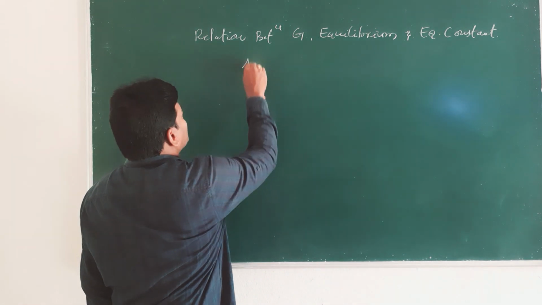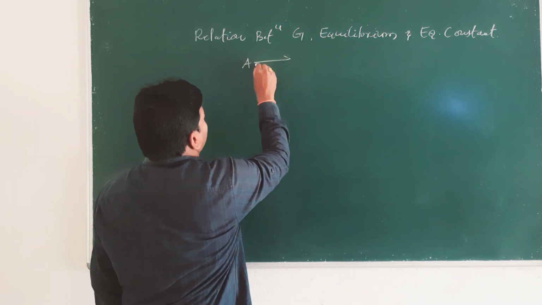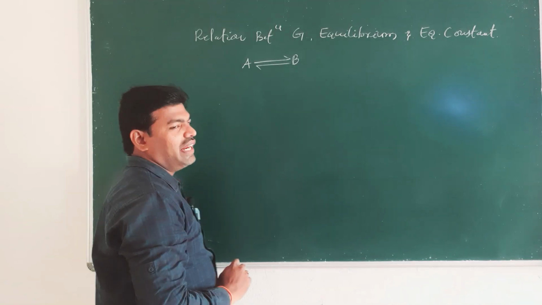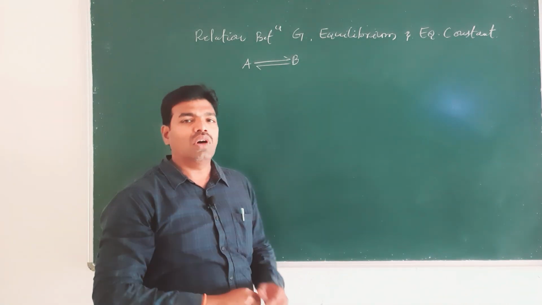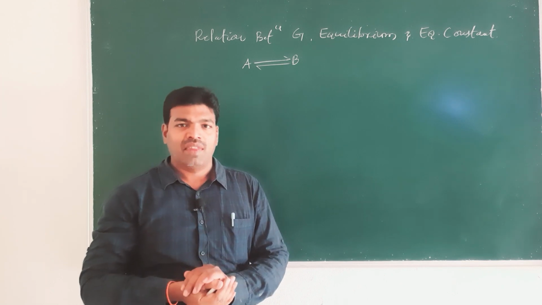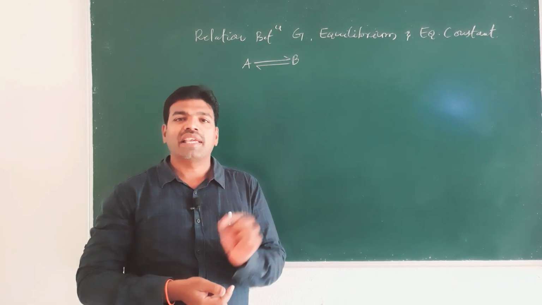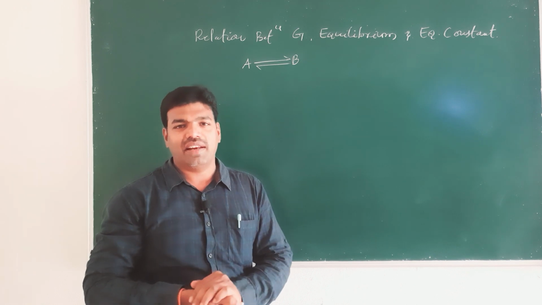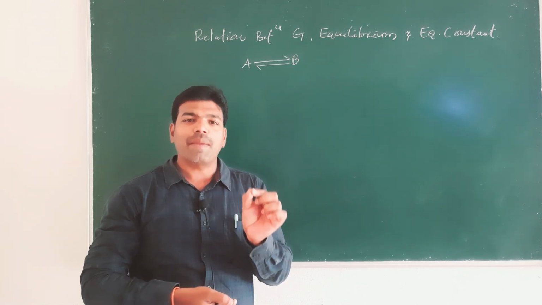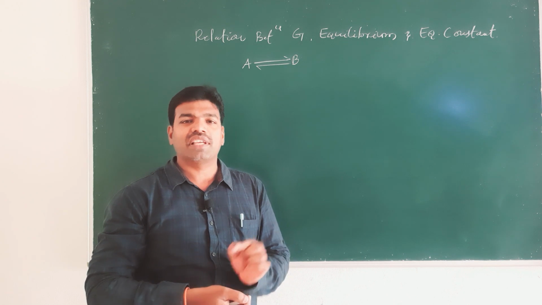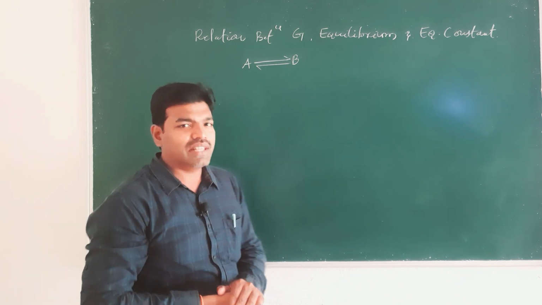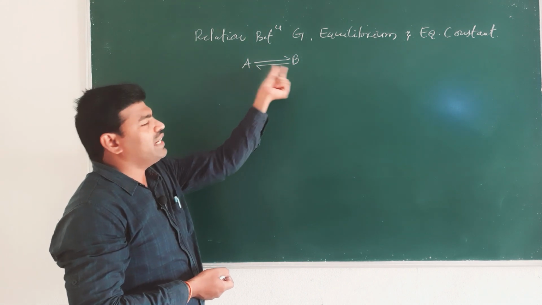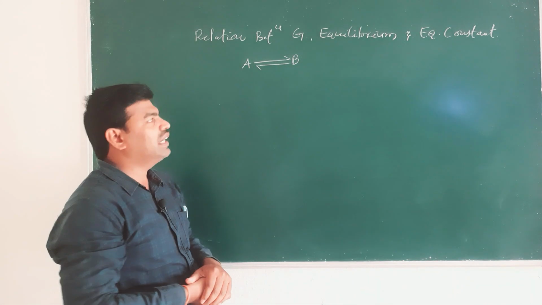A gives rise to B and B gives rise to A. From here onwards, I use the term Gibbs energy instead of Gibbs free energy. So A gives rise to B, it is a reversible reaction.